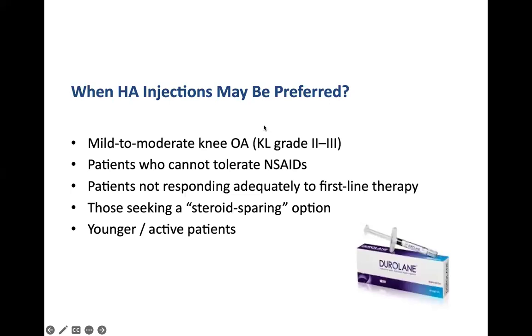In these cases, if you combine hyaluronic acid together with the corticosteroid, you will have a longer duration because the effect of hyaluronic acid will appear later on. So you can cover immediate relief, and then also help the patient after that with the hyaluronic acid.